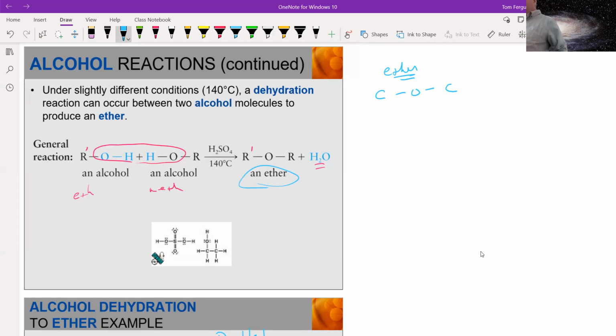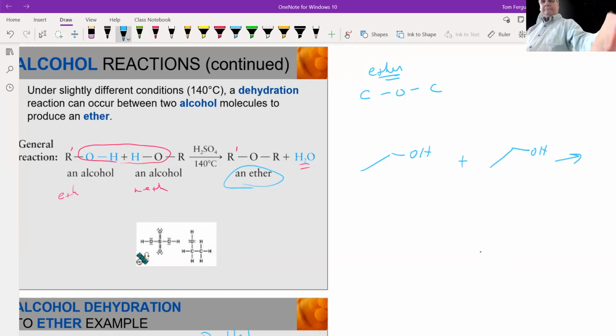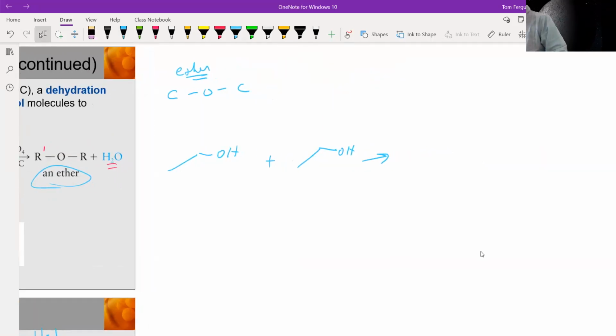So it's not hydrogen bonding. Okay. So what happens is the OHs stick together. So if you've got two ethanols in an acidic, hot environment. Now 140 is still hot. It's way above boiling. Pretty hot still. What's going to happen then? You're going to form an ether. What happens is the OHs stick together.